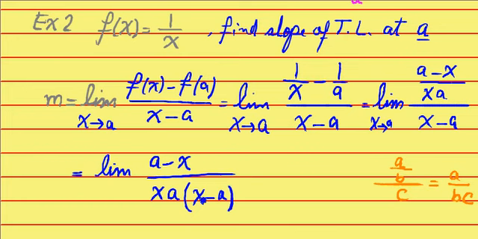Next, I haven't managed to do any cancellation. Do you see the cancellation? Again, pause, think about the cancellation and come back. Hope that you did that. Next step, one thing to pay attention to, this expression here, a minus x and x minus a are just off by a minus sign.